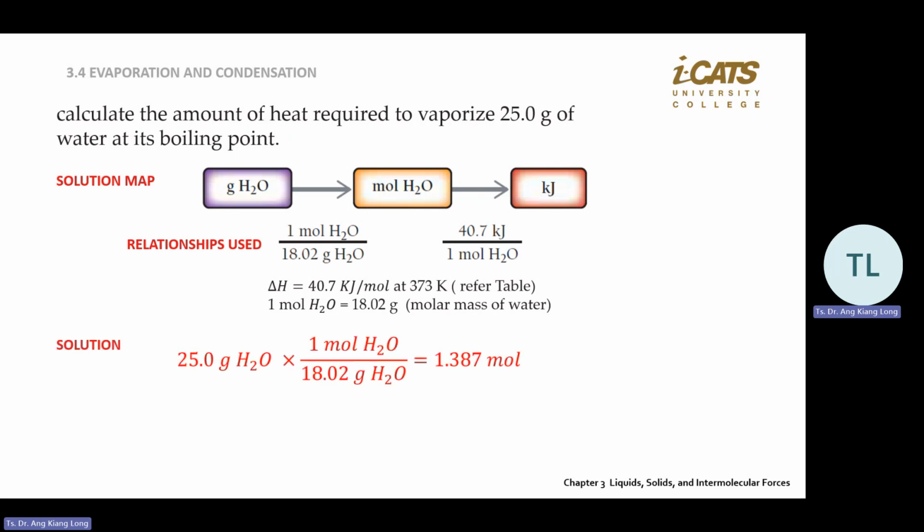So you take 25 gram divided by 18.2 gram of H2O. You get 1.378 mole. Then you have the vaporization value, certain kilojoule per mole. You multiply by this value, you get kilojoule.